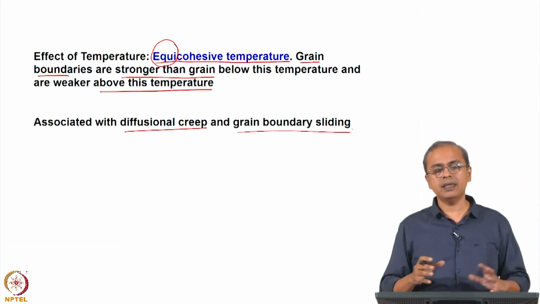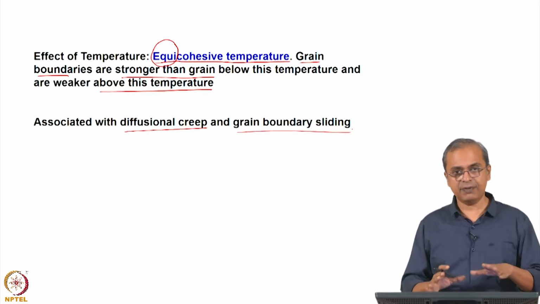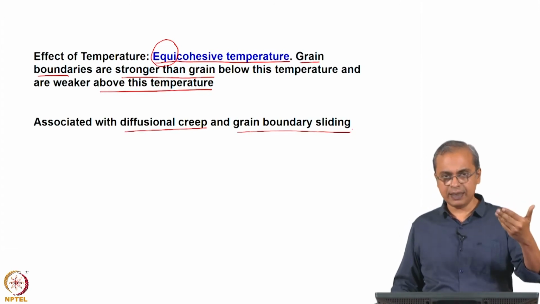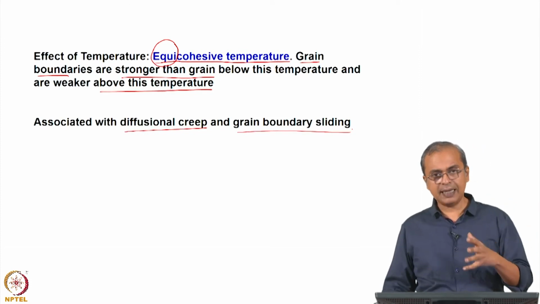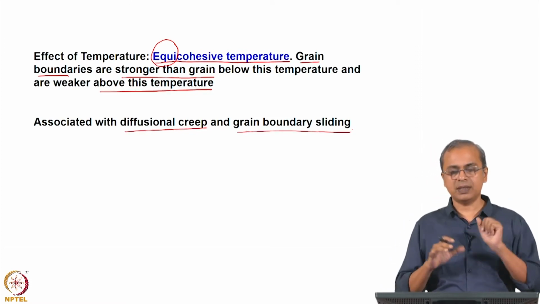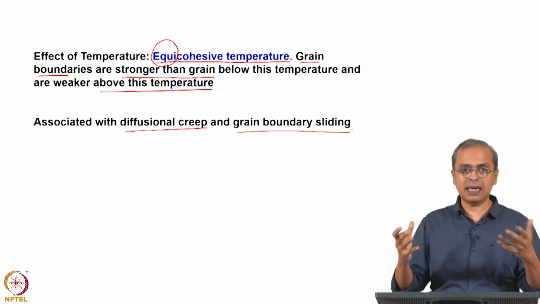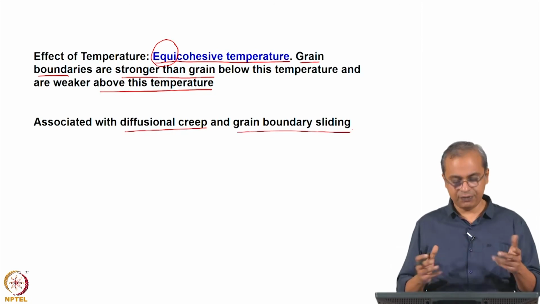These are two phenomena which we will see in varying levels of detail in this and subsequent classes. Diffusional creep is creep of atoms and vacancies along the grain boundary, and grain boundary sliding is where one grain slides with respect to the other for the shape of the sample to change, as opposed to dislocations moving through the grain. So, the boundary itself is sliding.